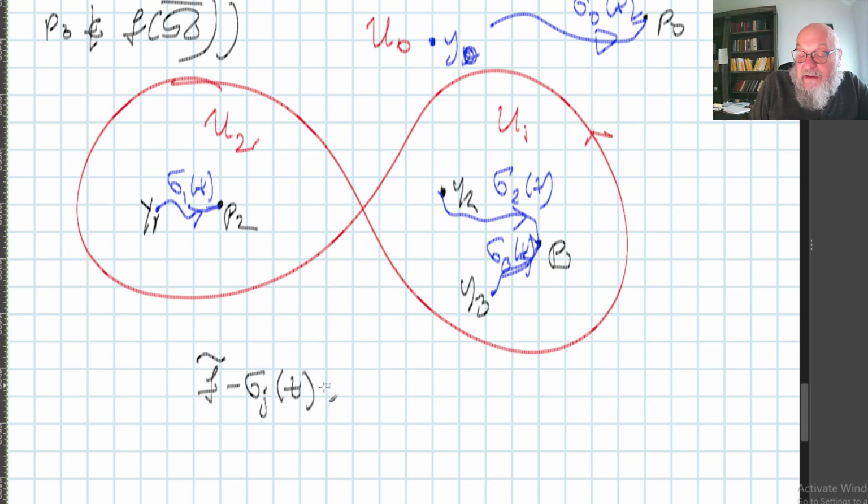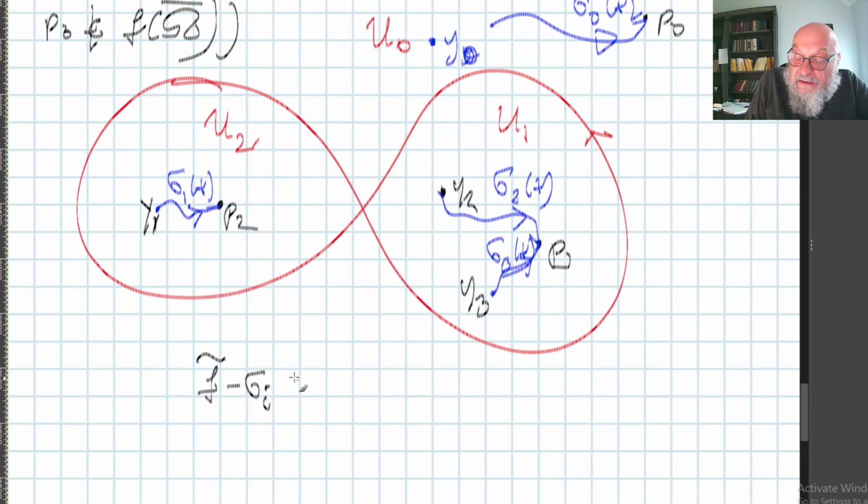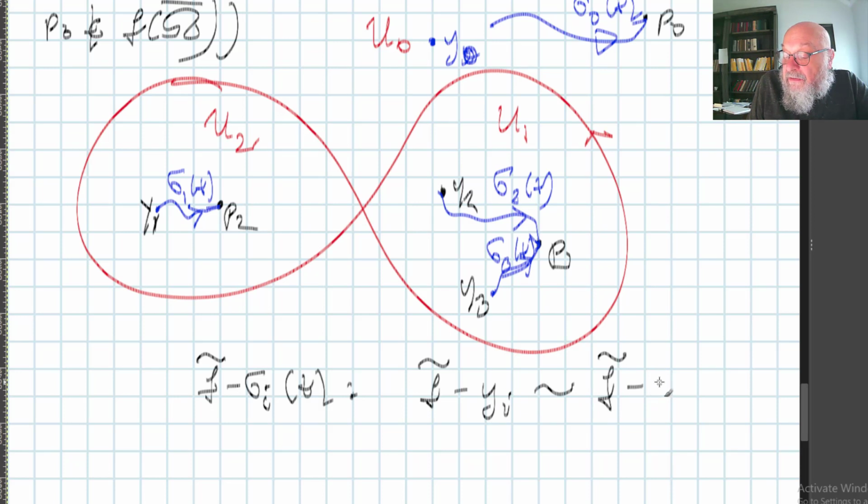It is between f tilde minus yi, and it connects you to f tilde minus pj of i. Okay, pj of i.